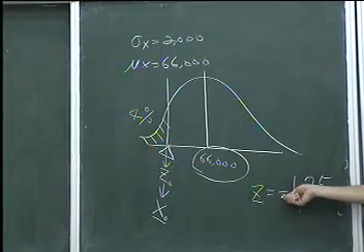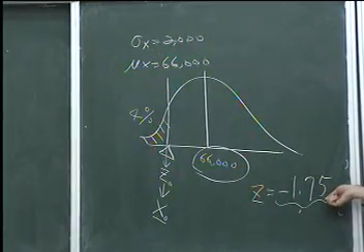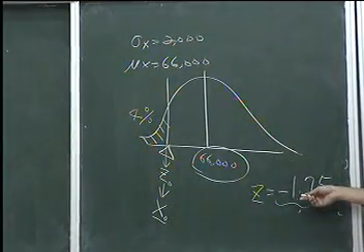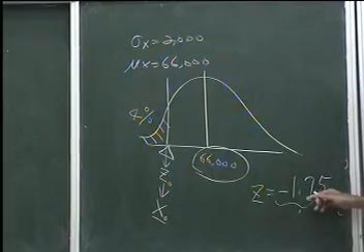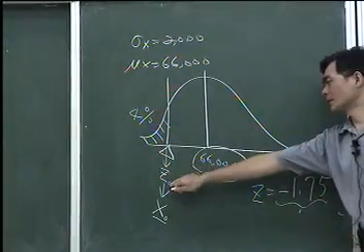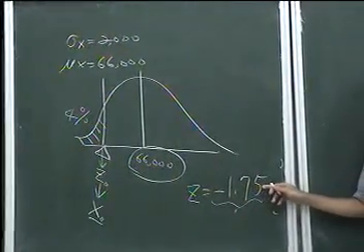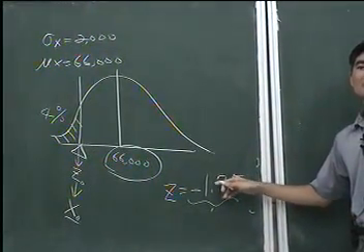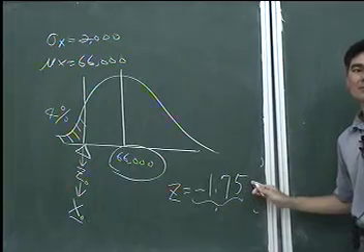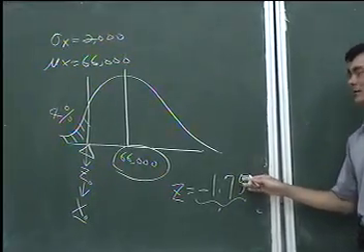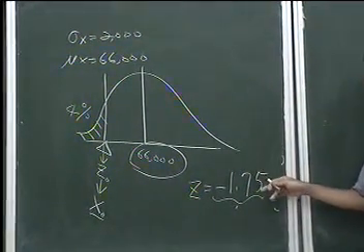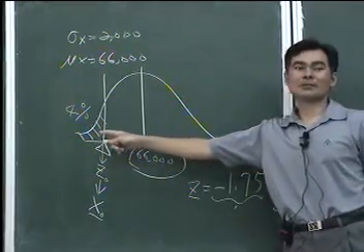So some of you made a mistake here, okay? It's a pity. It should be a negative number. So we know this number here is negative 1.75. Some people put down negative 1.76. That's correct too, because there is no exact number to match 4% here, okay?